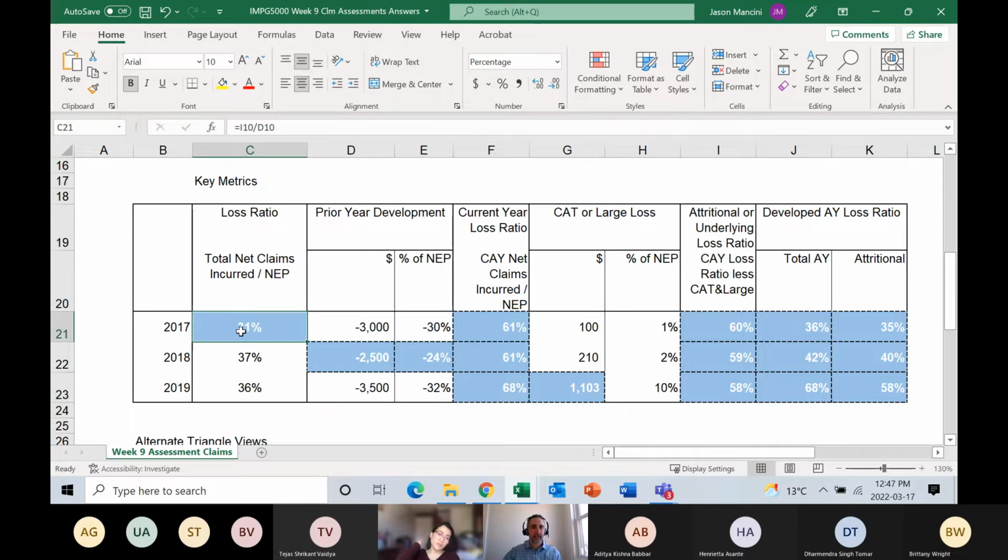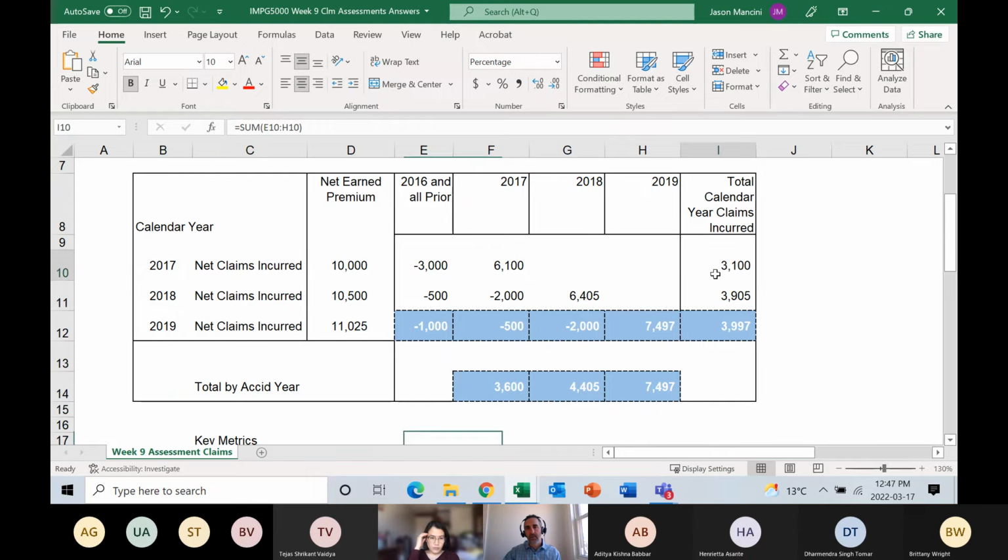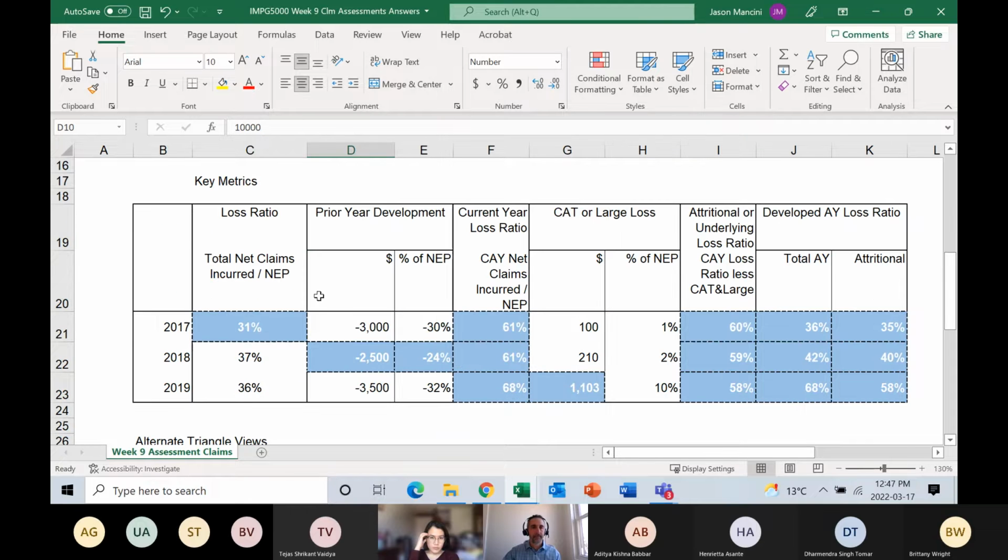One that was missing here would be the 2017 total claims over earned premium. That's that ratio, total claims over earned premium. This is what's on the financial statements that we've been talking about on the midterm and all along.